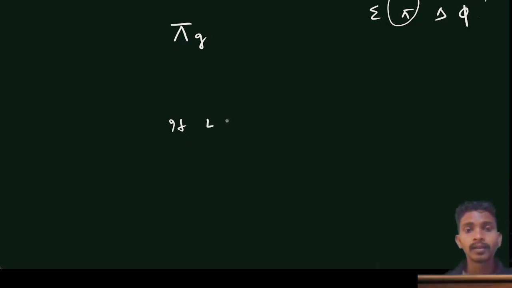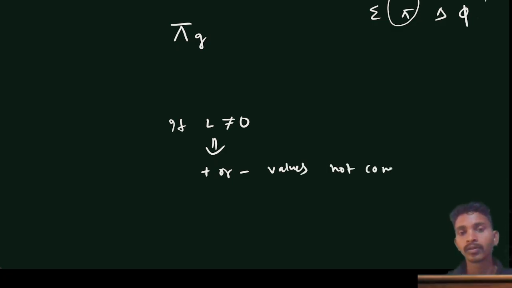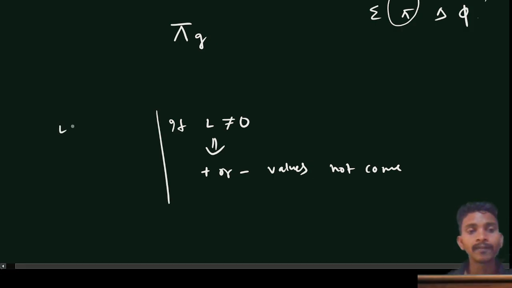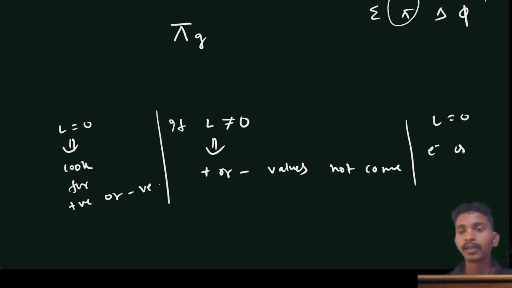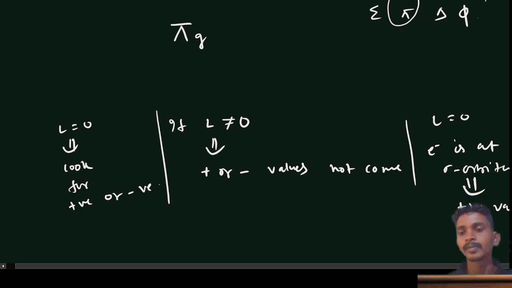if L not equal to 0, then positive or negative values do not come. These positive and negatives are only for if L equal to 0, then look for positive or negative. And we also discussed that if L equal to 0 and electrons are at sigma orbitals, then always a positive value will come.